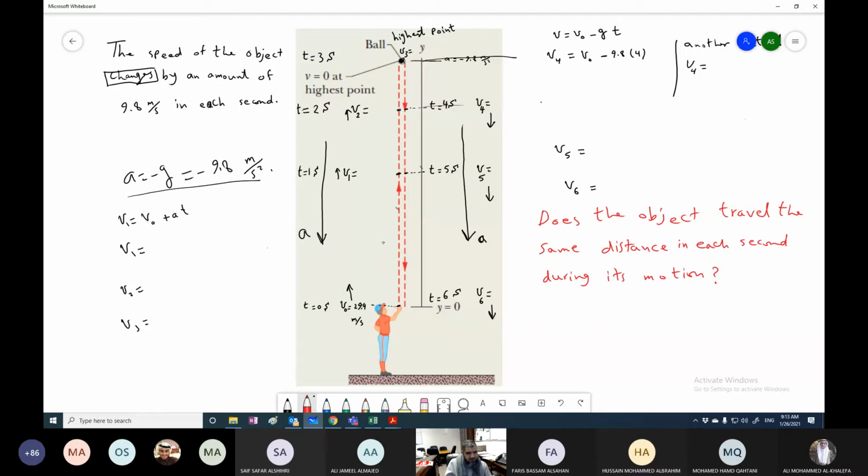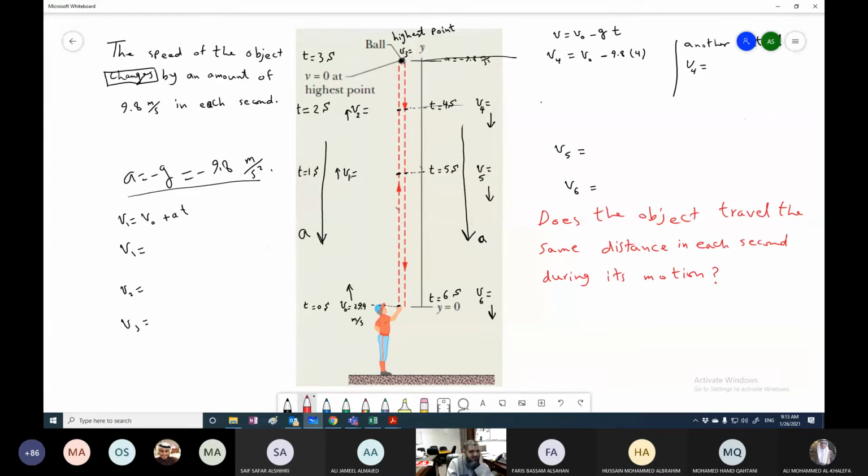Let us give numbers. If this boy throws the object upward with V0 equal 29.4, and the time when he starts his timer is t equals 0 seconds, it will move up.